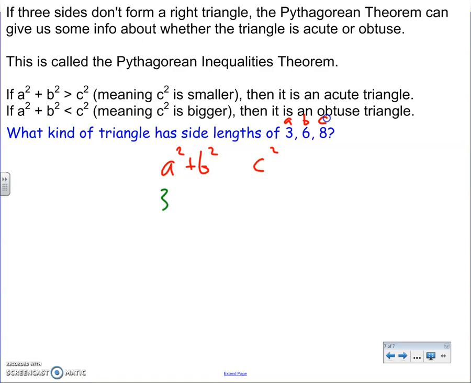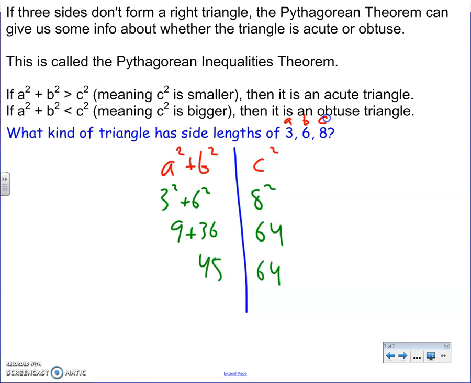A squared is 3 squared, B squared is 6 squared, and C squared, maybe I should do it like this, I'll draw a straight line, is 8 squared. So this is 9 plus 36, and this is 64. So this is 45, and this is 64. So what is the sign here? 45 is less than 64, 45 is equal to 64, 45 is greater than 64?